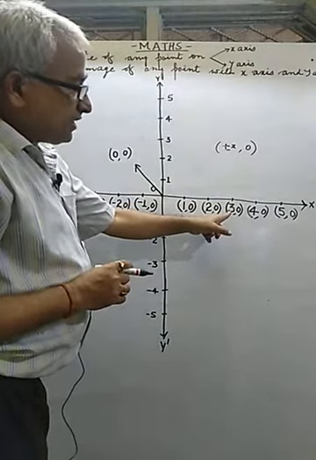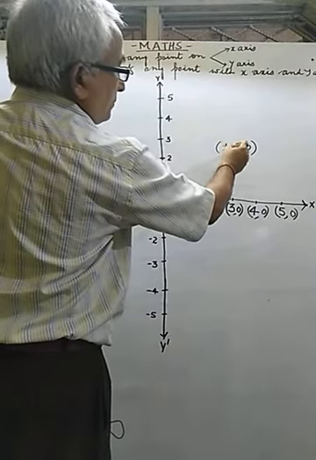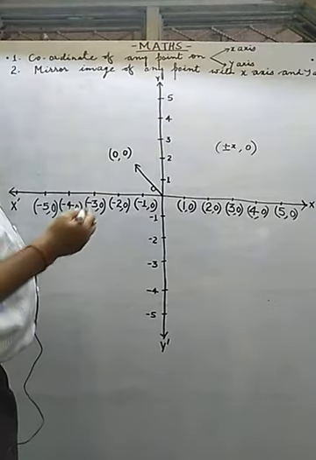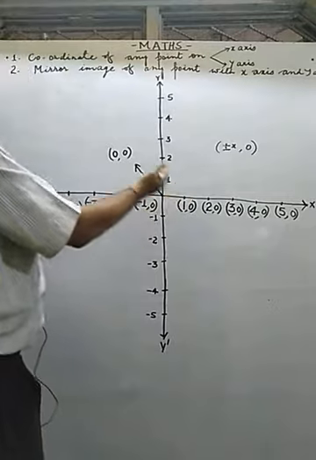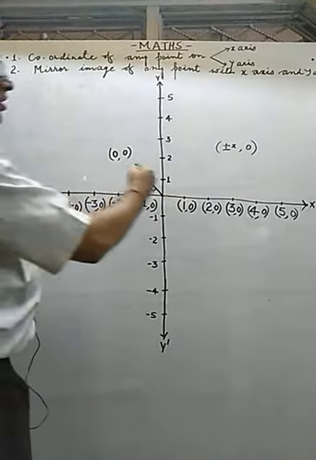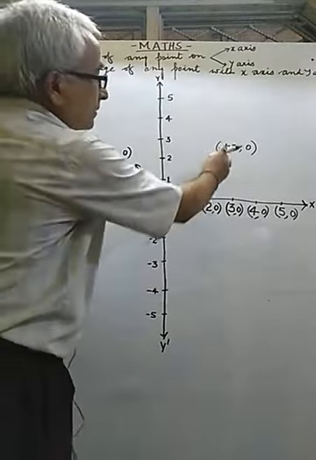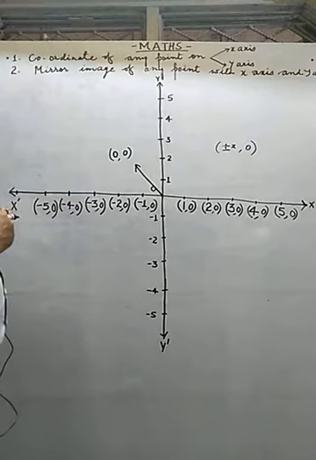In this way, any point on the x-axis, the general form is (±x, 0). It depends upon which direction the value of x is taken, either to the right side of the y-axis or the left side. If it is to the right side of the y-axis, then positive x will be taken. If left side of the y-axis, it will be negative values.